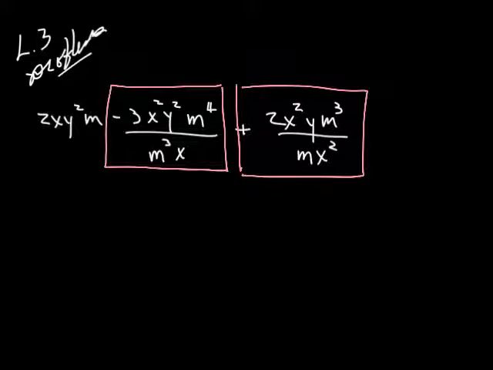Alright, because look what we've got here. We've got an x squared on top and an x down here. We've got an m to the 4th here and an m cubed here. So we can reduce this because we have m's on the top and bottom and x's on the top and bottom. We have the same here. We have x's on the top and bottom and m's on the top and bottom. So we can start simplifying each one of these terms.